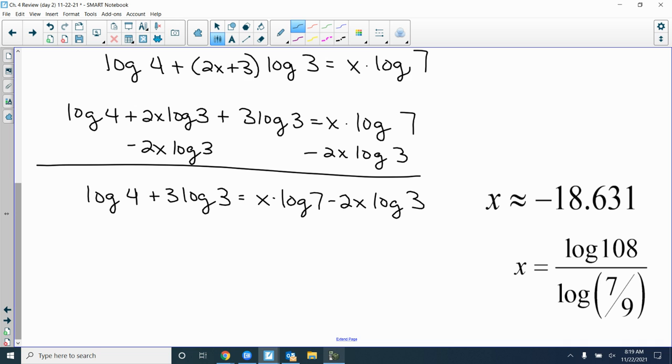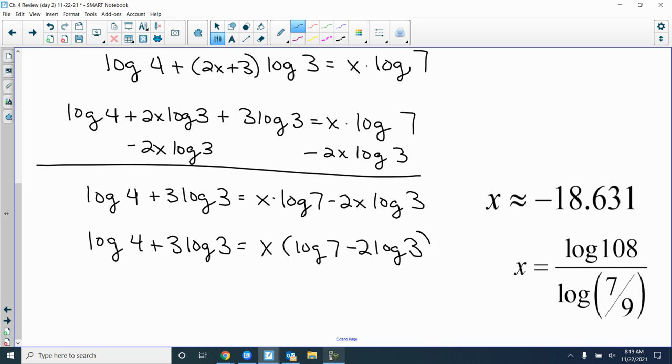At this point, I factor out an x on that right-hand side. Log of 4 plus 3 log of 3 equals x, and that becomes log of 7 minus 2 log of 3.